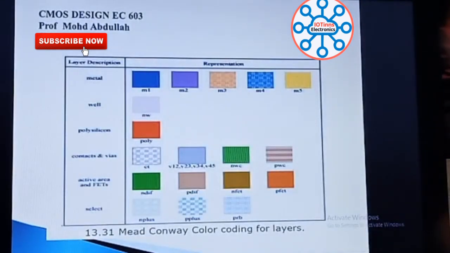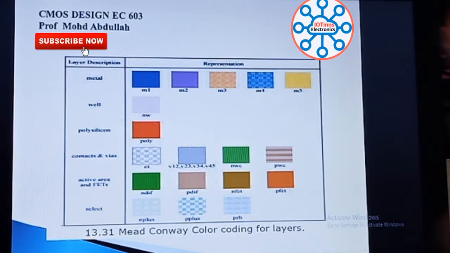Now as you can see, we have seen the layer description and the representation. For the lambda based rules, there are different conventions used for the different types of specified symbols. For example, metal is used for the interconnection.